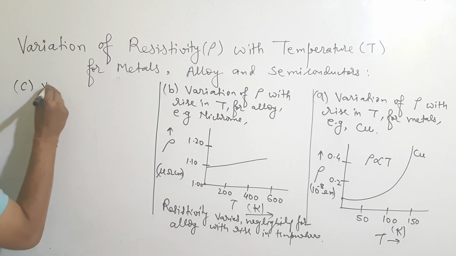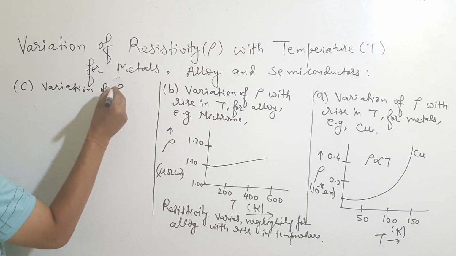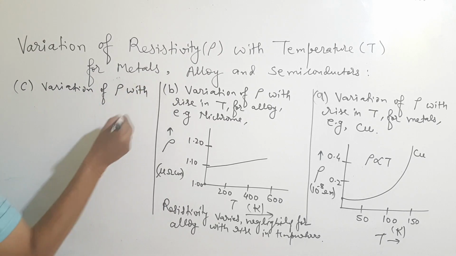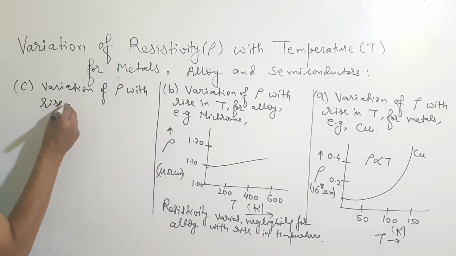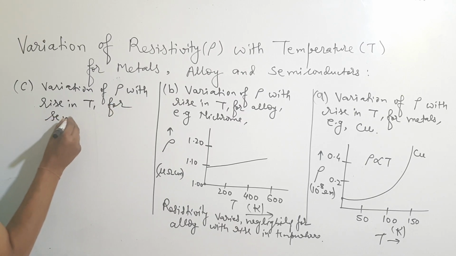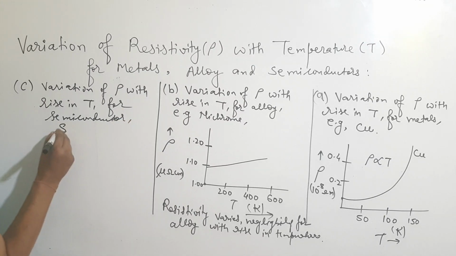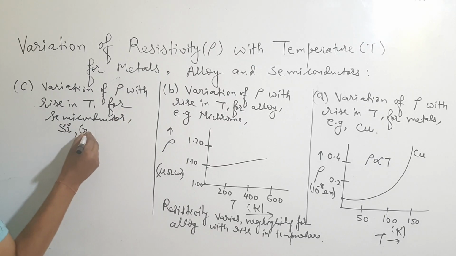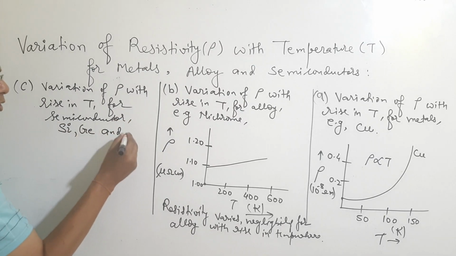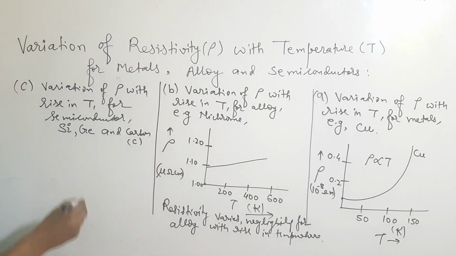So here it is variation of resistivity with rise in temperature for semiconductor. Semiconductors such as silicon, Si, germanium, Ge, and carbon also, C for carbon.